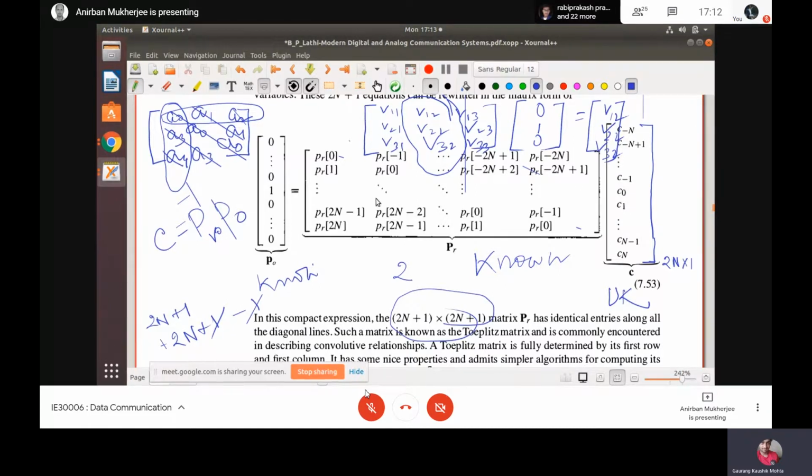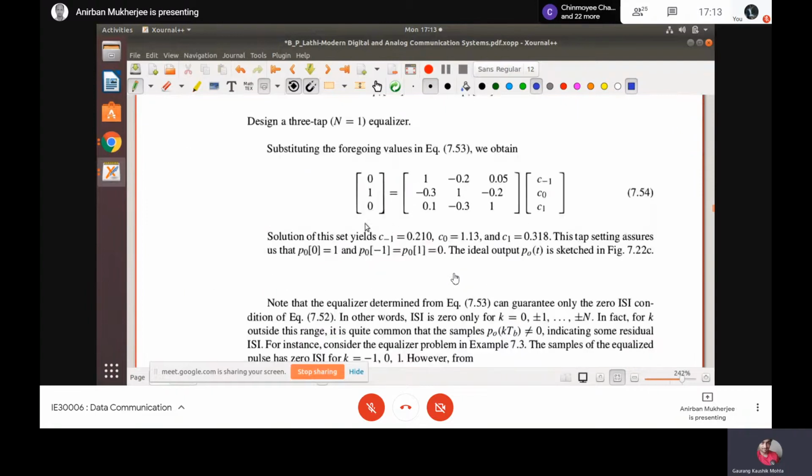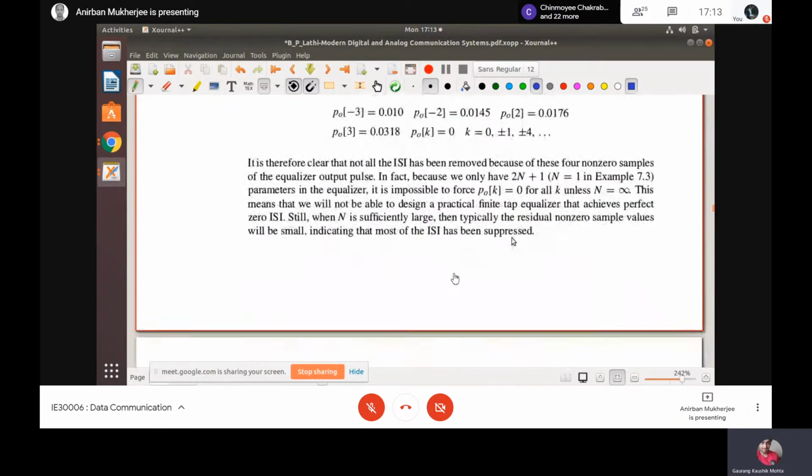Any arbitrary matrix without structure has that inverse cost, but as we have the Toeplitz structure, we will use it, and the computation is much less. Finally we will calculate this C. This is the zero forcing equalizer, C equal to PR inverse P0. And as an example, you can check that.